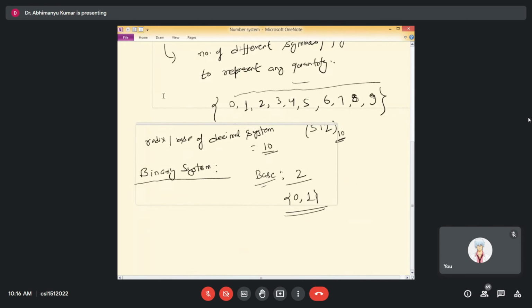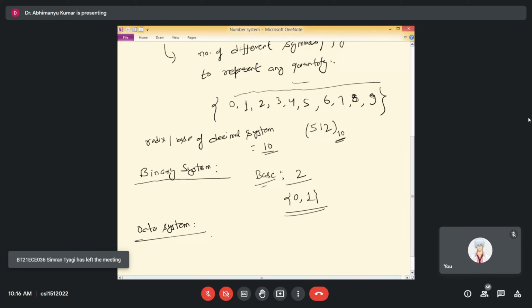Now similarly, we have the third system called the octal system. In the octal system, we have 8 different symbols, so the base is equal to 8.